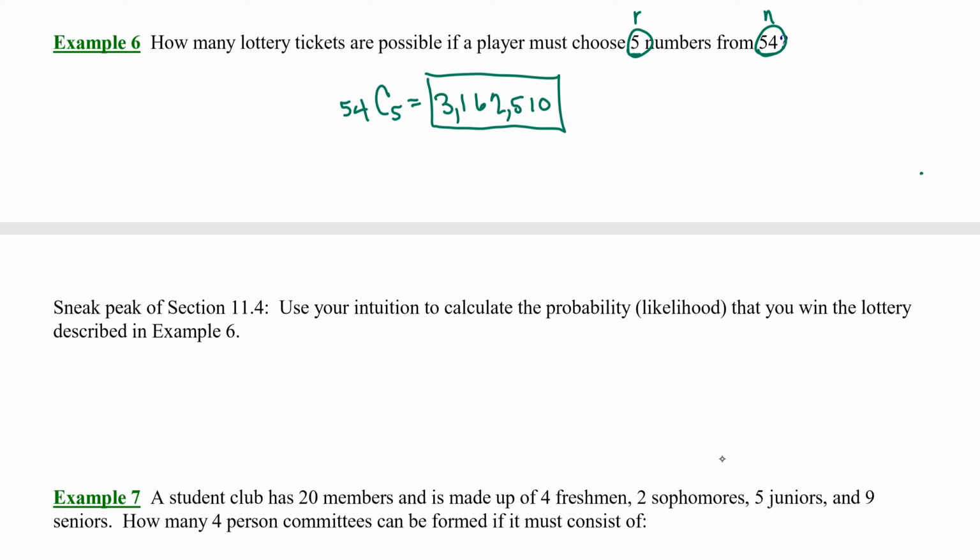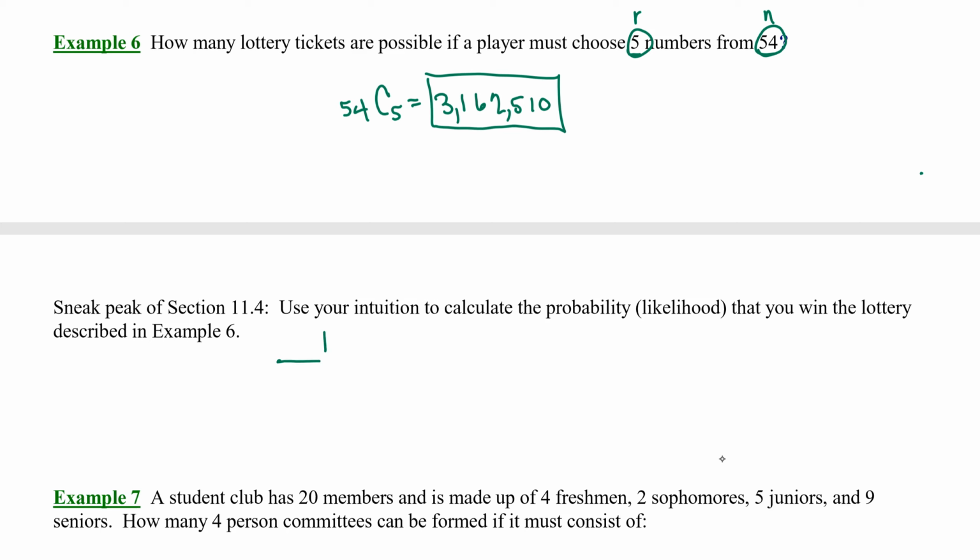Again, we haven't defined probability officially, but you can use your intuition to figure this out. What is the probability or likelihood that you win this lottery, right? We've counted the total number of possible ways that we can choose 5 numbers from 54, but we know only one set is the winning set of numbers, right?